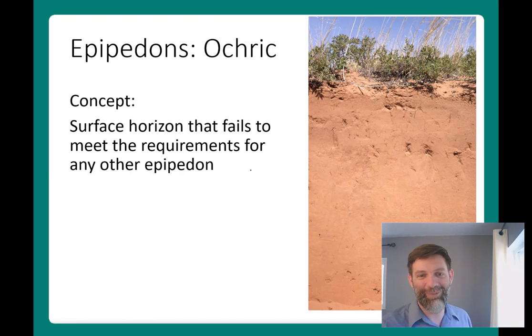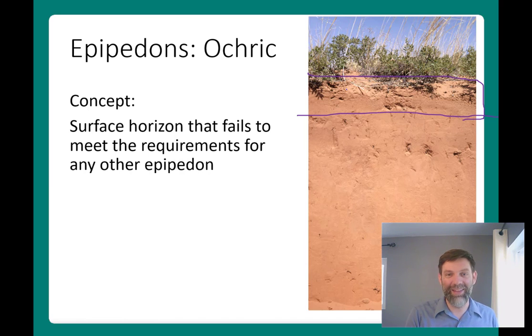Ochric, by definition, is at the surface, it's soil, but it doesn't meet other criteria. The implication is it's not thick and dark, it's not organic, it doesn't have these other properties, so it tends to be kind of light colored or thin, not a whole lot going on in the ochric epipedon. So those four, mollic, histic, folistic, and ochric, are the four epipedons I want you familiar with.